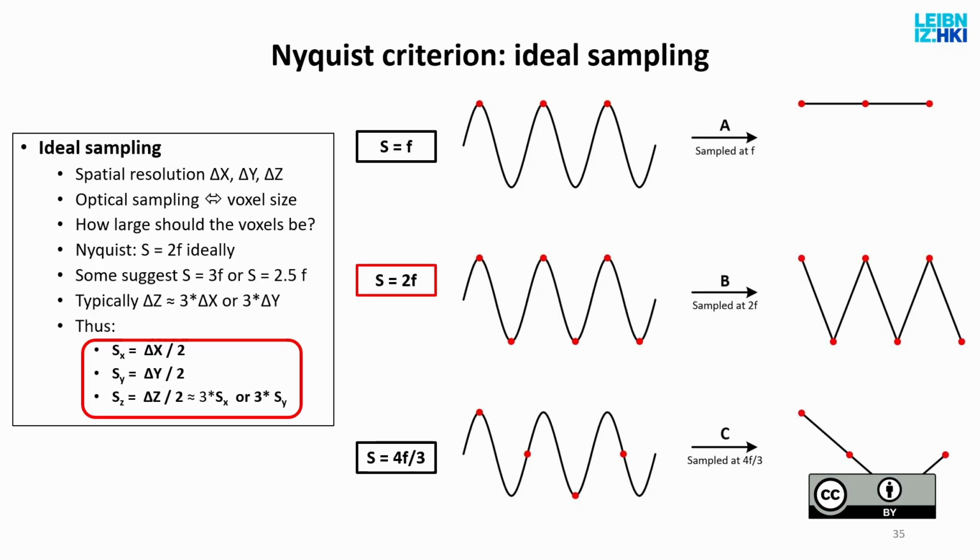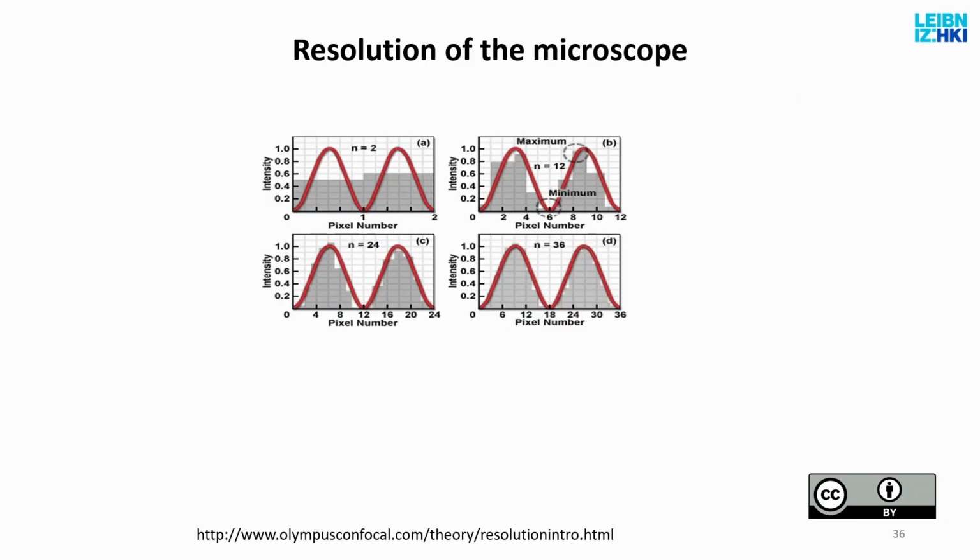If you have a certain periodicity in your sample, in this case the resolution itself, then you can only restore the physical properties of the object from a digital image if your sampling rate is at least twice that of the actual sample. This means, like I said, approximately half the size of the resolution in terms of area.